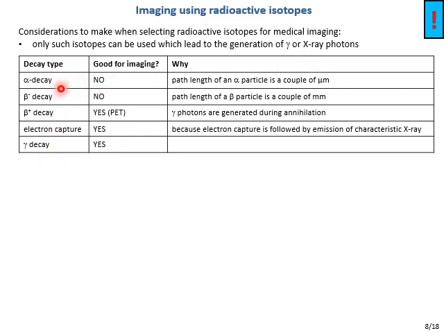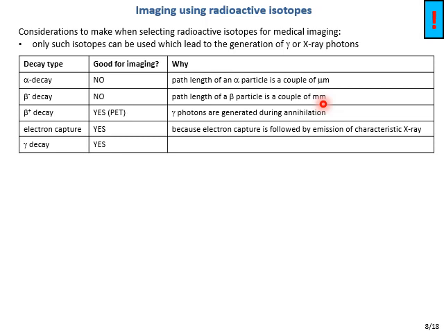So these are the 5 different kinds of radioactive decays we have previously talked about. As you can see, neither alpha nor negative beta decaying isotopes are optimal for medical imaging because the path length of alpha and negative beta particles is too short, in the micrometer or millimeter range.